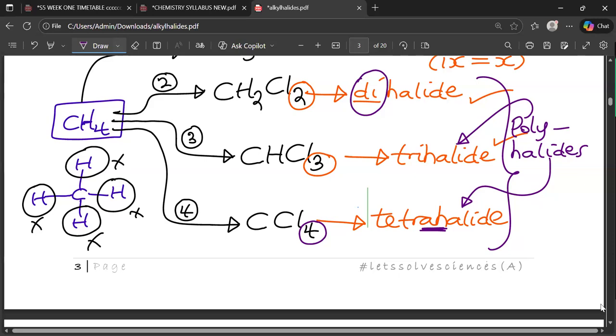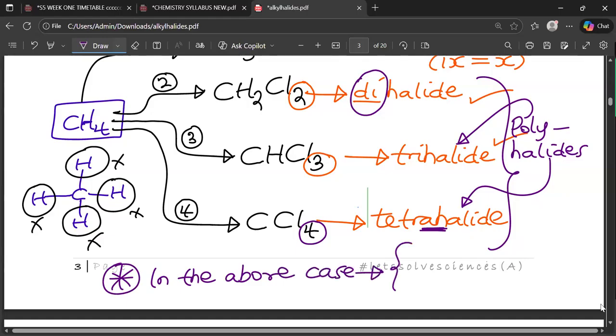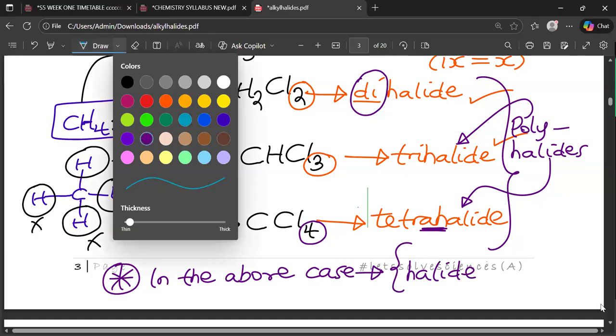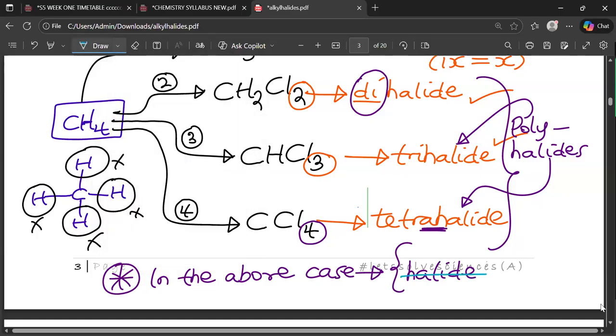So because of chloride, you just replace. So in the case above, it's a chloride. So in the above case, what do I want you to do? I want you to replace halide. So halide, cancel it out. And then put chloride.